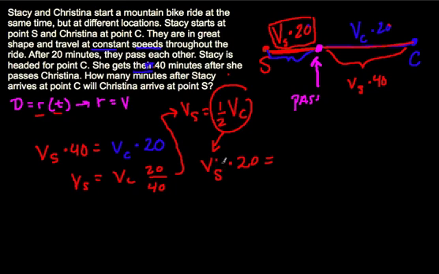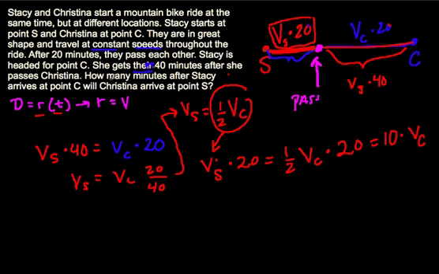So that means that velocity of Stacy for 20 minutes, which we knew covered us up to the passing point, would equal 1/2 the velocity of Christina times the same 20 minutes. And that means that 20 times a half is 10. So 10 minutes times the velocity of Christina will cover this area right here.